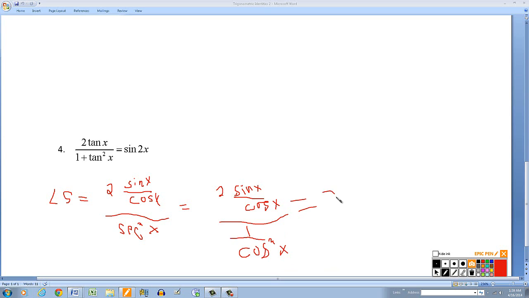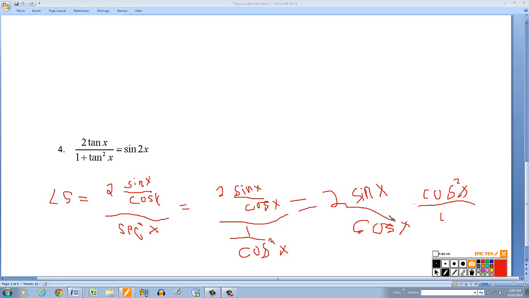Then rewriting this, I'll get 2 sine x over cosine of x. And then here we're dividing the fraction, so we just invert and multiply, so this will be times cosine squared x over 1.